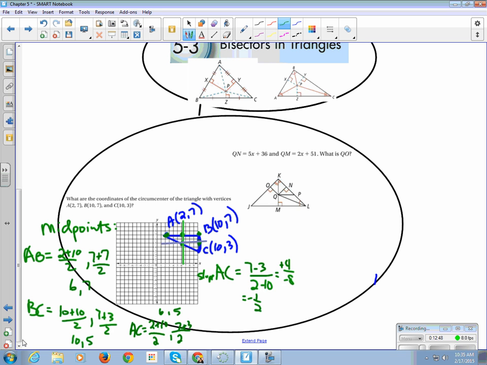So the perpendicular line is going to be the negative reciprocal of negative 1/2. So opposite of negative is positive. The reciprocal of 1/2 is 2. So the slope of this line is 2. So I'm going to go up 2 over 1, up 2 over 1.